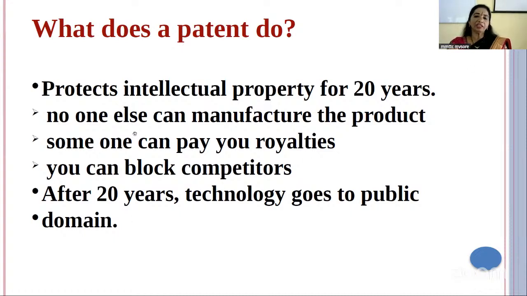We can receive the royalties and block the competitors. After 20 years, the technology goes to the public domain. It will not remain with the individual; only the person who takes the patent will hold the rights for 20 years.